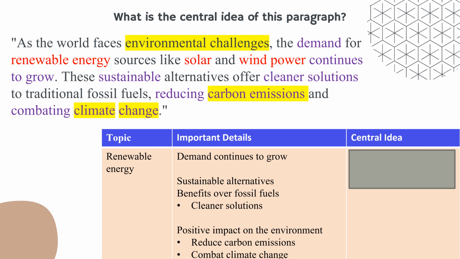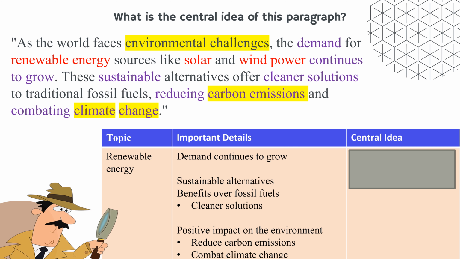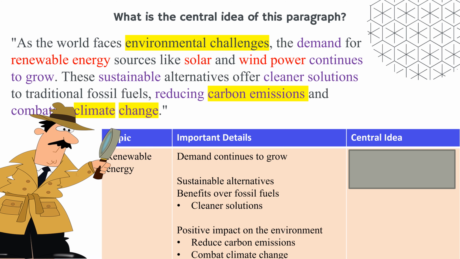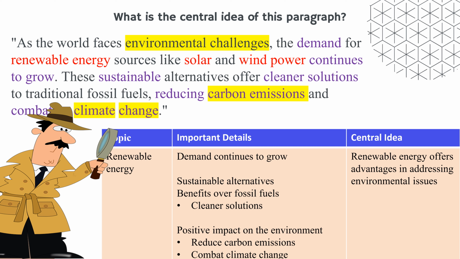Well, because the author is speaking so positively about renewable energy, we can really look at these important details and infer that the author wants us to know that renewable energy offers advantages in addressing environmental issues. We know that it's positive, so it offers advantages or benefits because the author spoke so positively about the topic.